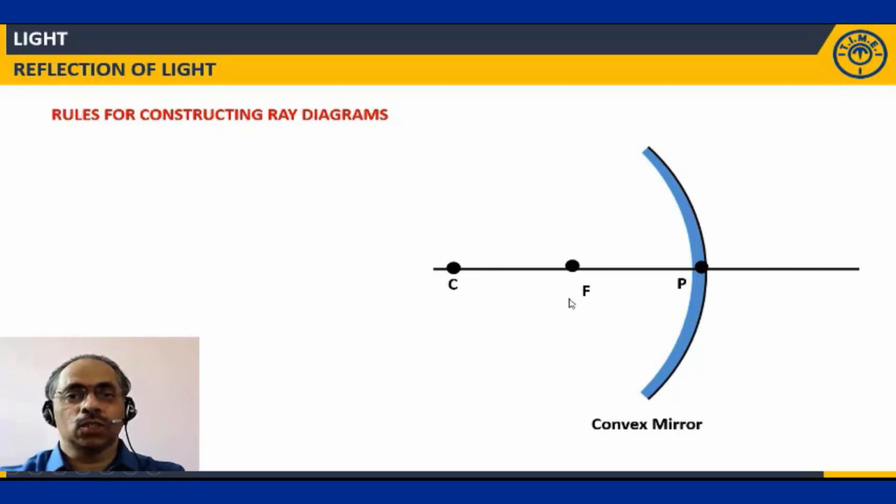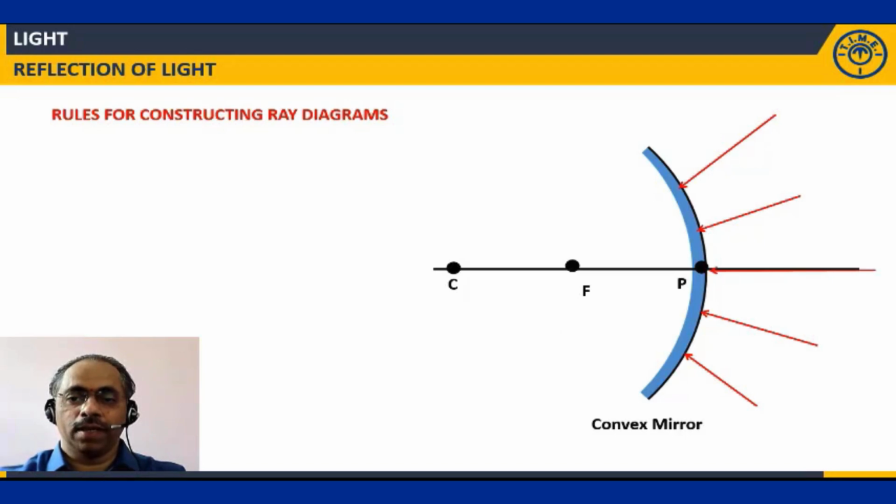Now the light rays should be directed towards the principal focus. So I am considering an incident beam, which is a convergent beam. They appear to converge at the focus. That means these light rays are directed towards the focus of a convex mirror.